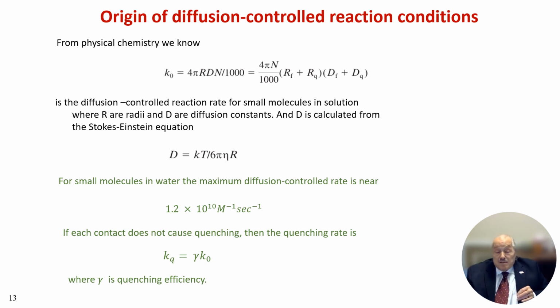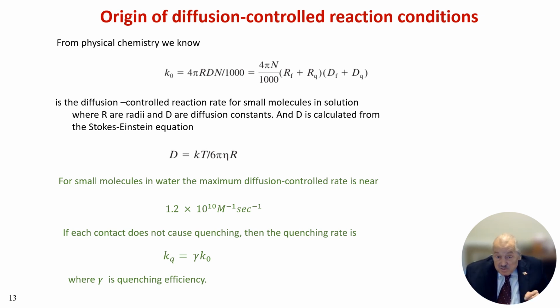So we need to know these numbers. Where do we get these diffusion coefficients from? Well, they're taken from the Stokes-Einstein equation, which is a general equation that will provide the diffusion constant, which depends on the temperature, and of course it goes down with radius. So we can get a diffusion constant, and if we use values typical of small molecules in water, we find that there is a maximum rate.